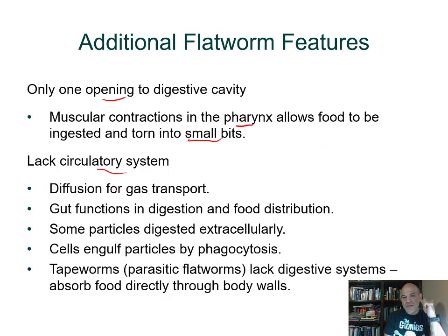Again, they lack a circulatory system. So how do they get oxygen in their tissues? Gases are going to diffuse from both the outside and within their gut into those tissues, so they can take in oxygen and get rid of carbon dioxide. Their gut actually functions to help distribute nutrients to all parts of their body. And again, within the gut, the food is digested extracellularly into smaller bits, and then those small bits are taken in by that cellular process called phagocytosis.